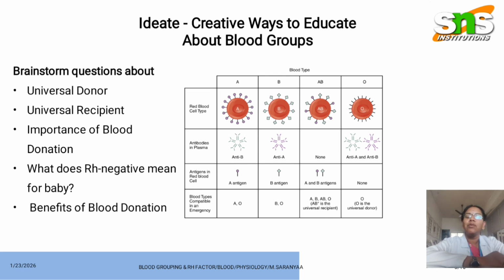Once she conceives again, this antibody present in the mother will start affecting the baby and the fetal development. This is called erythroblastosis fetalis. So pregnant women and their attenders have to be cautious about blood grouping, the RH factors and RH incompatibility.